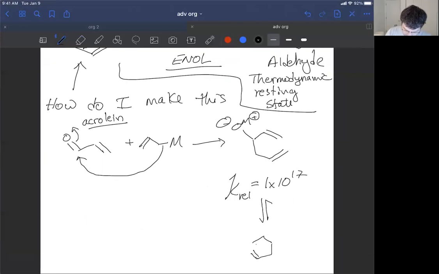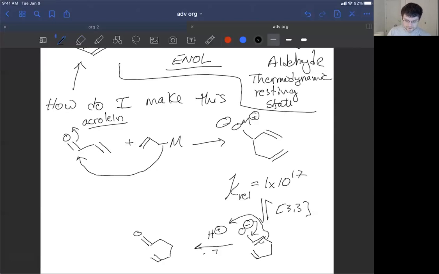Where you get this species, and that's through a 3,3 sigmatropic rearrangement. And then if you have your H plus, you're going to see this form the carbonyl product, and you could draw arrows from the resulting enolate intermediate.